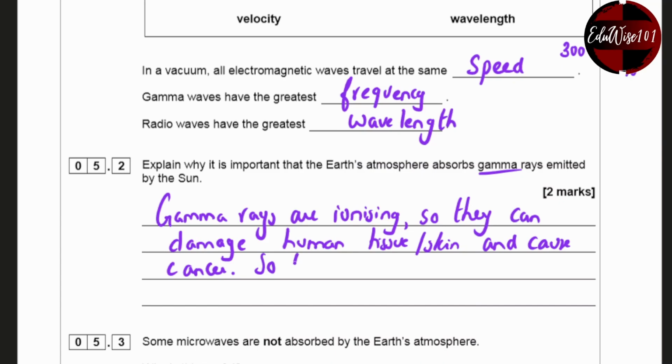So the atmosphere helps to reduce the exposure.